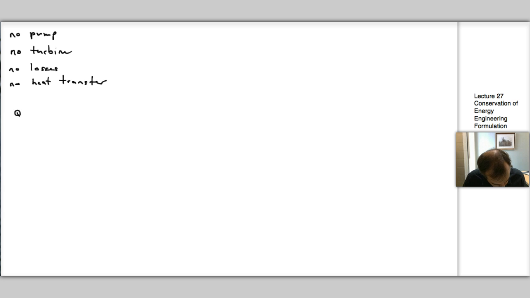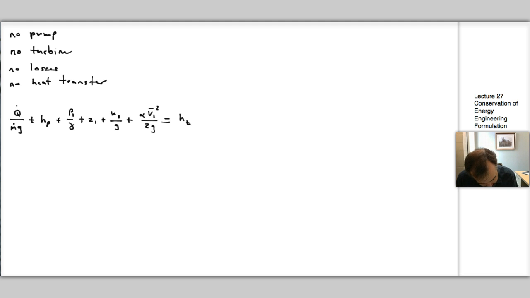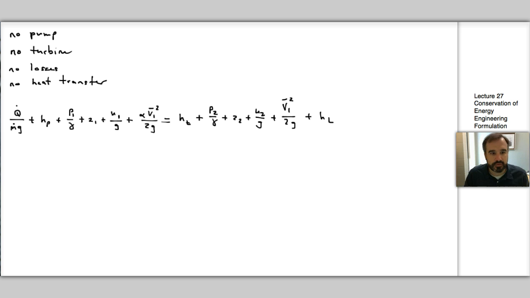So we have Q dot over M dot G plus H sub P plus P1 over gamma plus Z1 plus U1 over G plus alpha V1 bar squared over 2G is equal to H sub T plus P2 over gamma plus Z2 plus U2 over G plus alpha V2 bar squared over 2G plus H sub L. Okay, there's our full equation.